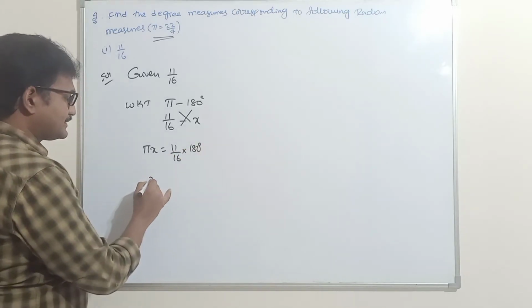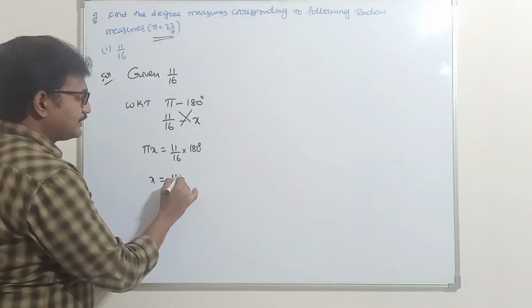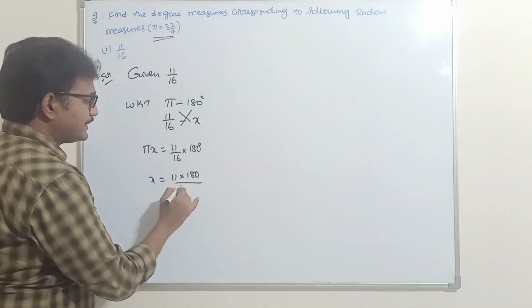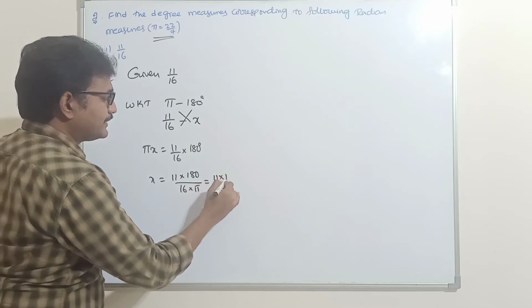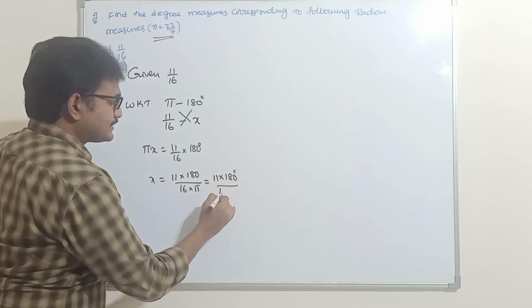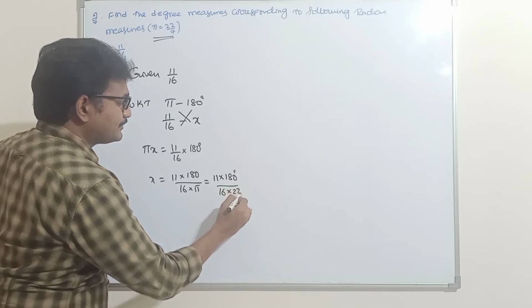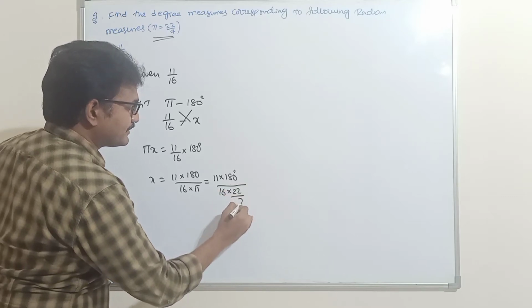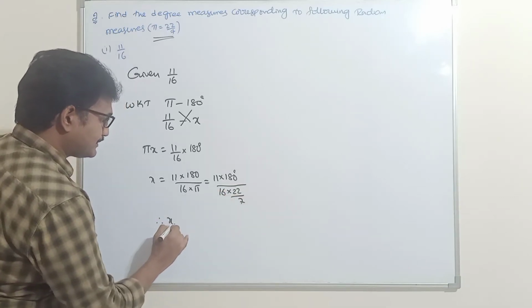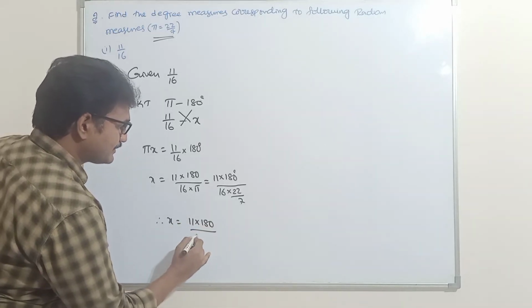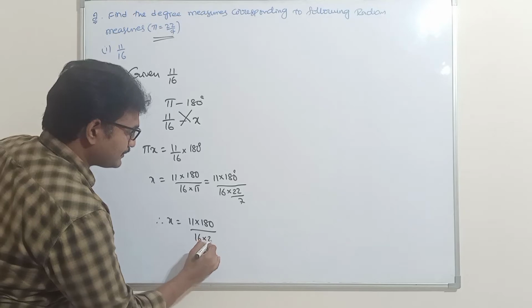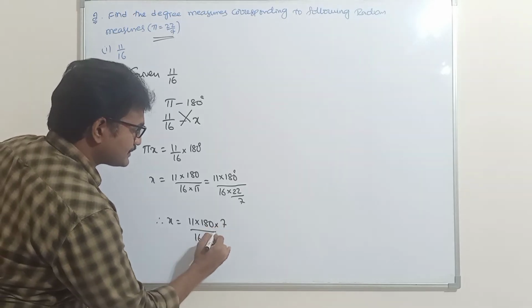Next, x is equal to 11 into 180 by 16 into pi. Taking the value of pi as 22 by 7, x is equal to 11 into 180 by 16 into 22, multiplied by 7.